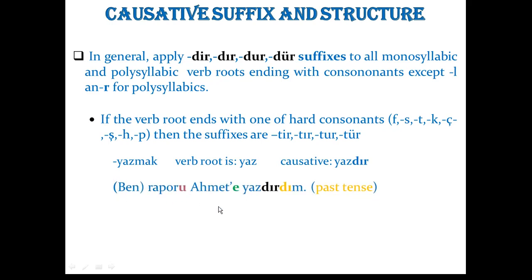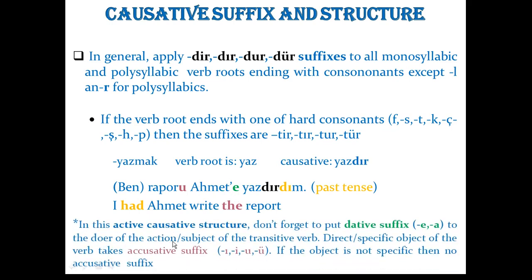Ben raporu Ahmet'e yazdırdım. Past tense sentence. I had Ahmet write the report. Here the direct object of the sentence, report, rapor in Turkish, is specific. For that reason, it takes the accusative, and the doer of the action, or the agent of the verb, which is Ahmet, takes the dative suffix.